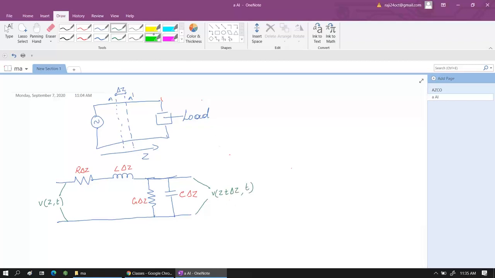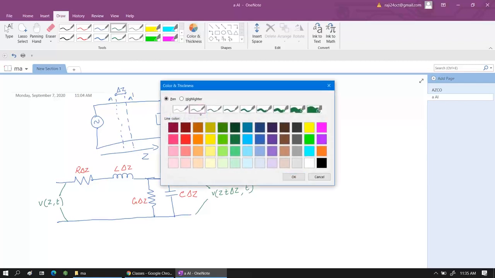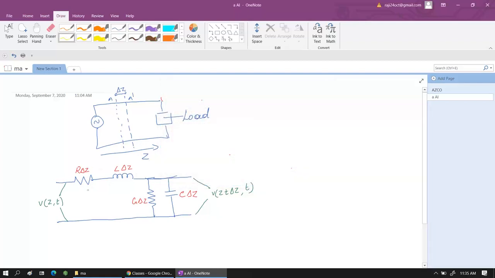Now about the current, we'll consider the current which is entering here, let it be I of Z comma T, and the current that is leaving this point, let it be I of Z plus delta Z comma T. So this A dash we'll consider somewhere over here, and this A is over here.